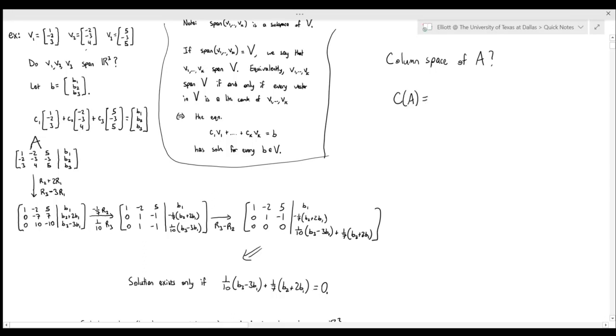First, by definition, the column space of A is just the span of its columns. So in this case, it would just be the span of the vectors v1, v2, v3.